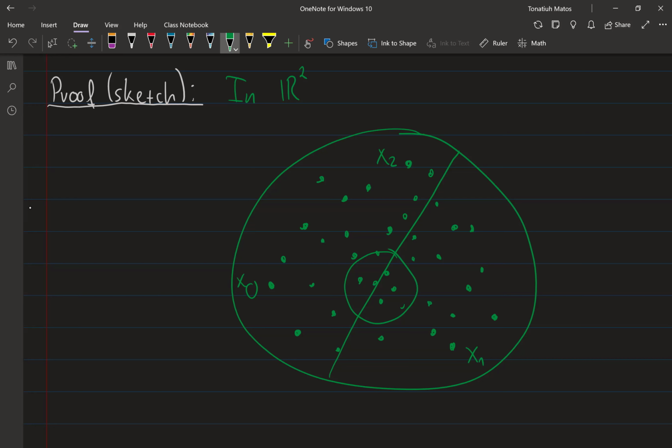Now you know that eventually one of the two pieces will always have infinitely many points, meaning the lion will be mostly in one of these two pieces, right? Because even if the lion alternates between these two slices, the points, okay, I guess the analogy starts to break down when you talk about infinite points, but you keep dividing this into smaller and smaller pieces.